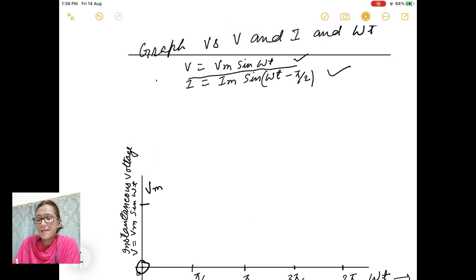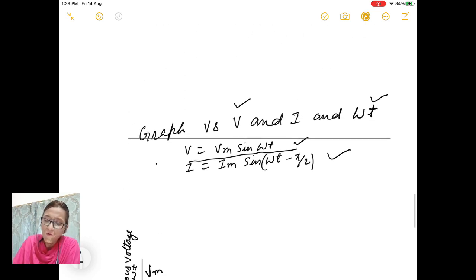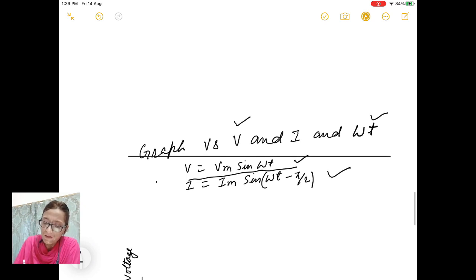When omega t is pi by 2, sine pi by 2 is equal to 1. Therefore your V becomes equal to Vm only.